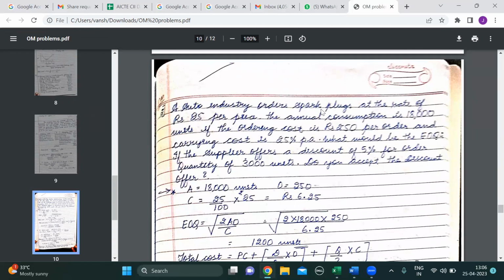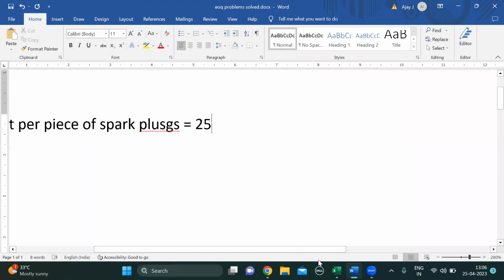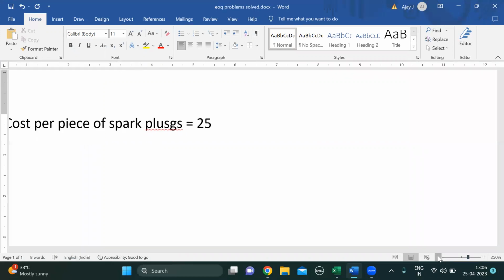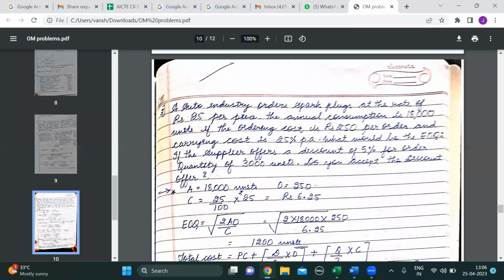Auto industry orders spark plugs at the rate of rupees 25 per piece. So we'll just write down here: cost per piece of spark plugs is equal to 25. The annual consumption is 18,000 units.